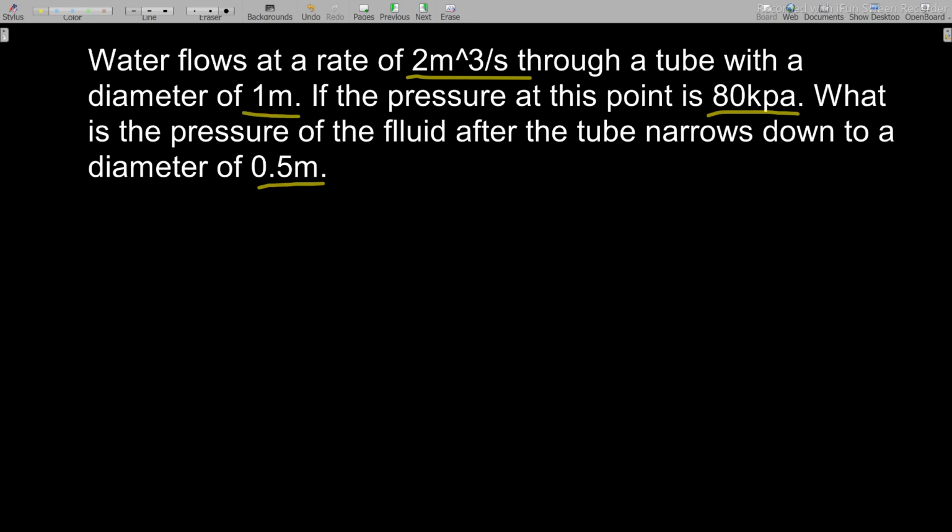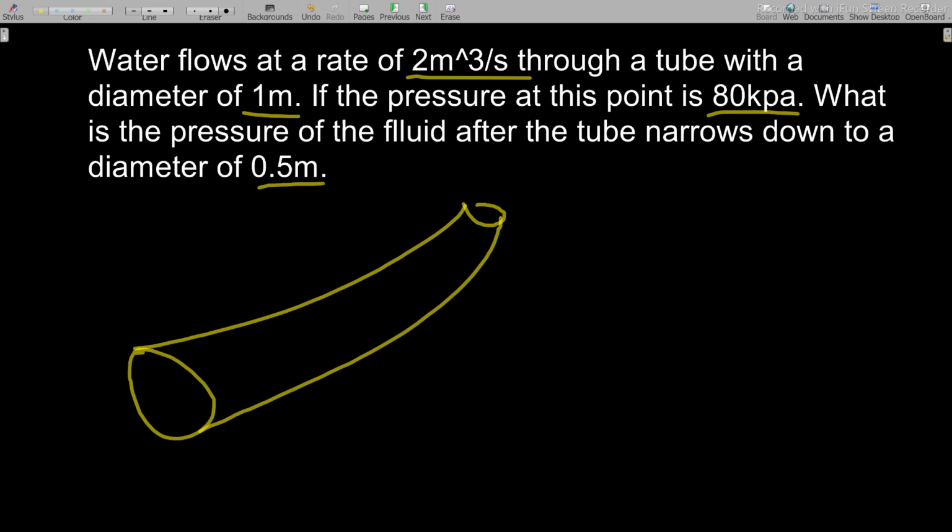Let's say here is how the tube is. At first the diameter here, d1, was equal to 1 meter, and we have the pressure at this point to be p1, which is 80 kilopascal.